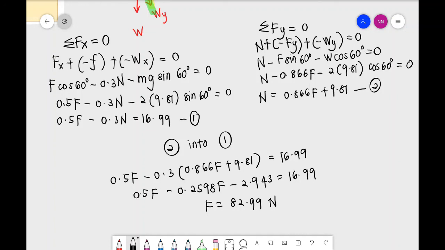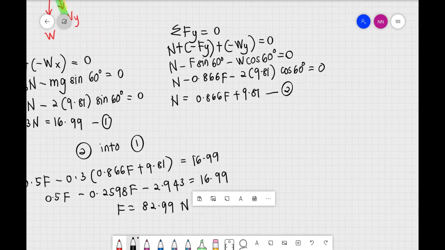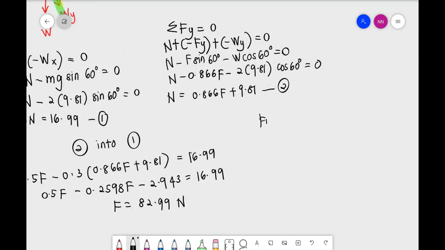The normal force maybe from equation 2. From equation 2, N equals 0.866 F, where F is 82.99, plus 9.81.